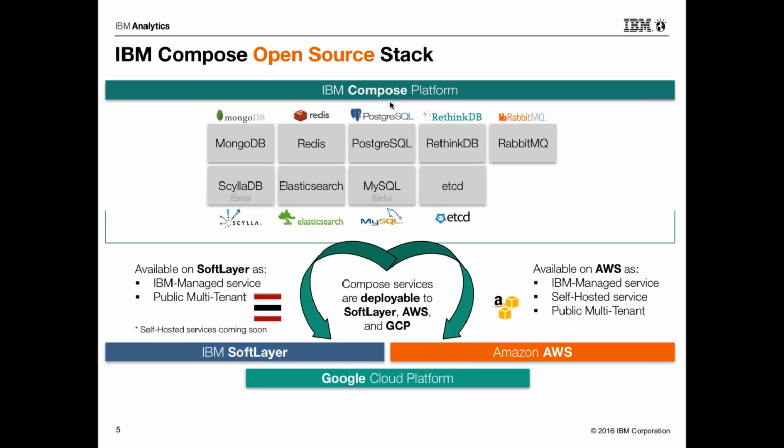And the good thing about Compose is that it is a managed platform. It's available as part of IBM Bluemix, which runs on SoftLayer. It is available on your Amazon AWS. So if you have data sitting on Amazon AWS, you don't need to move out of that. You can take full advantage of AWS and have Compose installed there. And it's also coming to the Google Cloud platform.